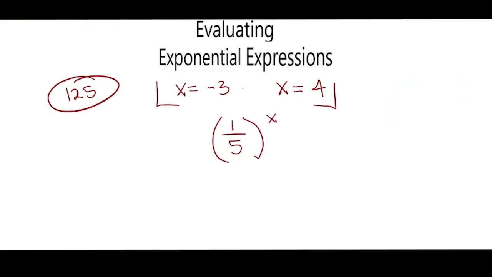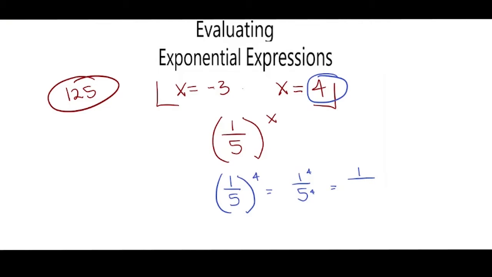Now let's evaluate this exponential expression for when x is 4. So we'll do 1/5 raised to the 4th power. Well, that's 1/5, and we can raise both the top and the bottom, the numerator and denominator, to the 4th power. Well, 1 to the 4th power is 1 times 1 times 1 times 1, and that's still just 1.